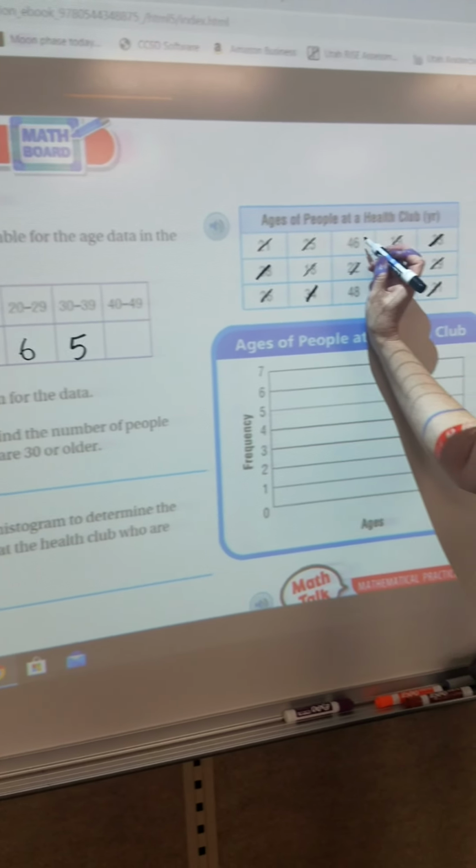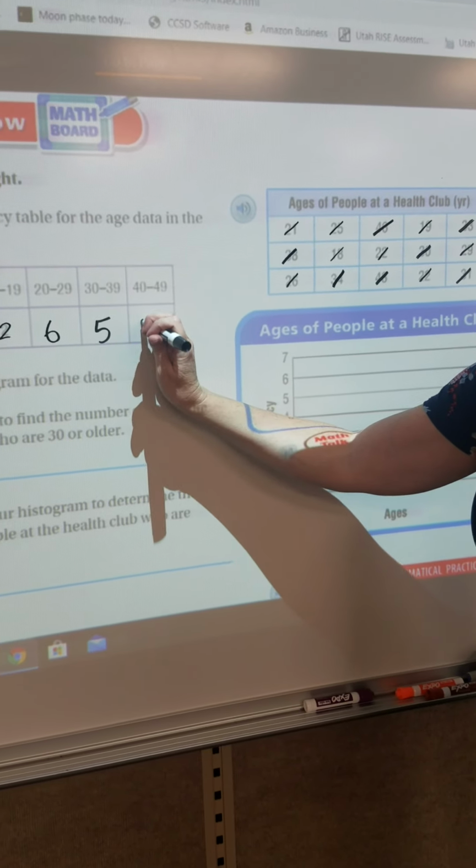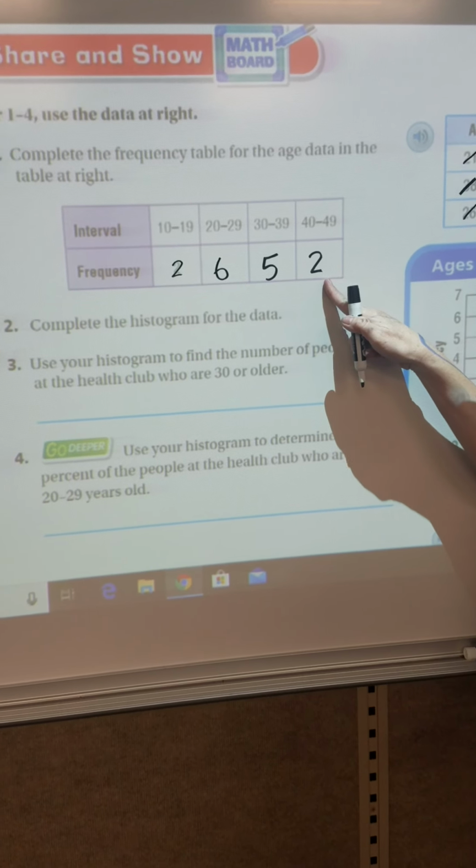And then 40 to 49 was 2 times. So that's how often they occurred.